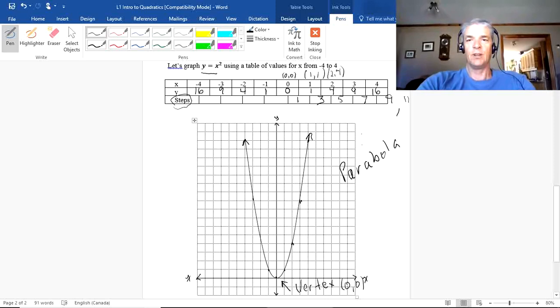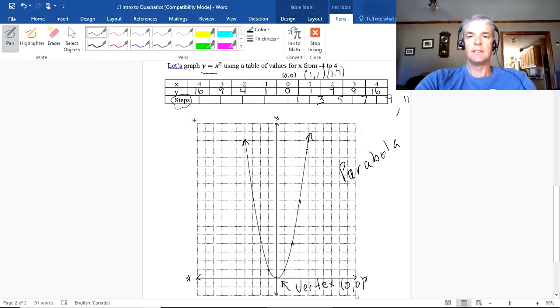Over 1, step up 7. 1, 2, 3, 4, 5, 6, 7. And we could go over 1 and step up 9, and then over 1 and step up 11, and the graph would just keep going up and up, and it'd get really, really steep. And the same process occurs on the negative side.